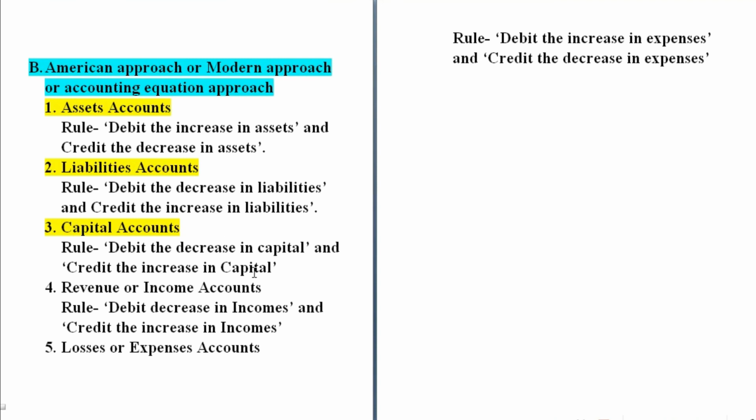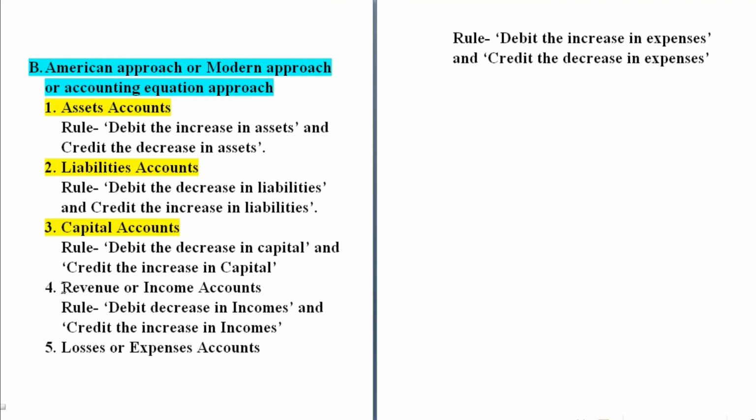But if the businessman withdraws some of the capital for his personal use, capital will be debited. Okay, so don't get confused with it. Just understand that whenever we introduce capital, capital is credited.